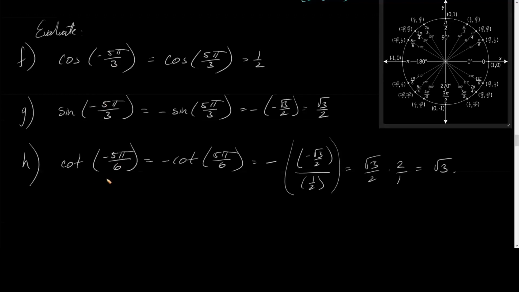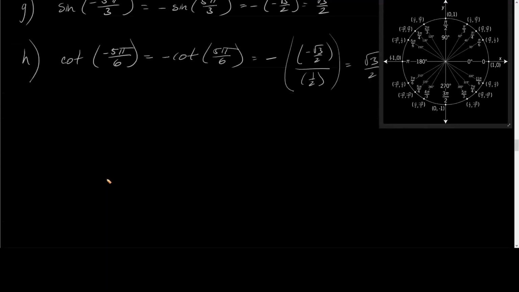Now, let's say that given that cosine of negative theta is equal to 3/10, what if I said find cosine theta?